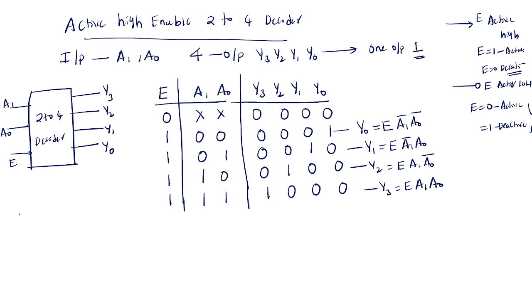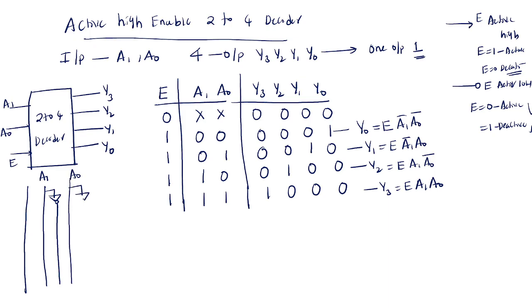So let us take the enable pin and the inputs. This is A1 connected with an inverter, giving A1 bar, and A0 connected with an inverter, giving A0 bar. Here this is the enable pin.